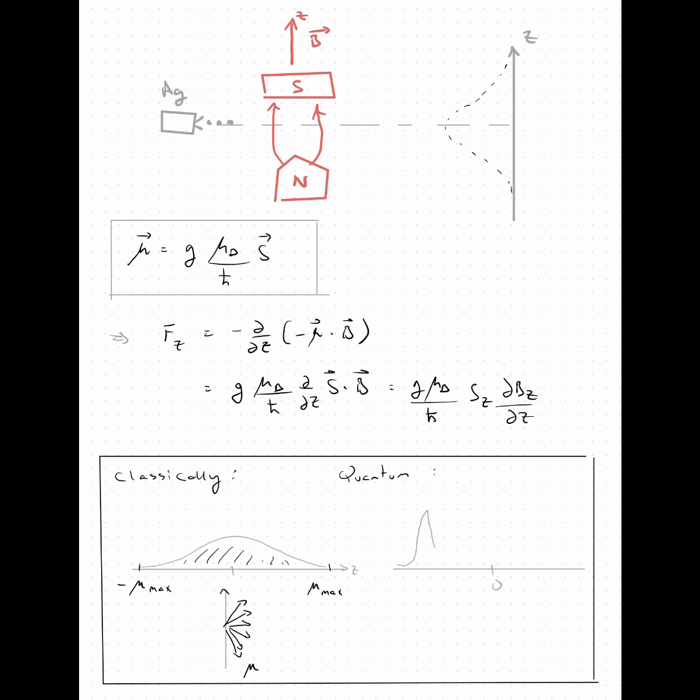One bump in one location, another bump in another location. And indeed, this is what people observe if they do that experiment. Not the classical behavior, but the quantum mechanical behavior. So let's explore this expression some more.